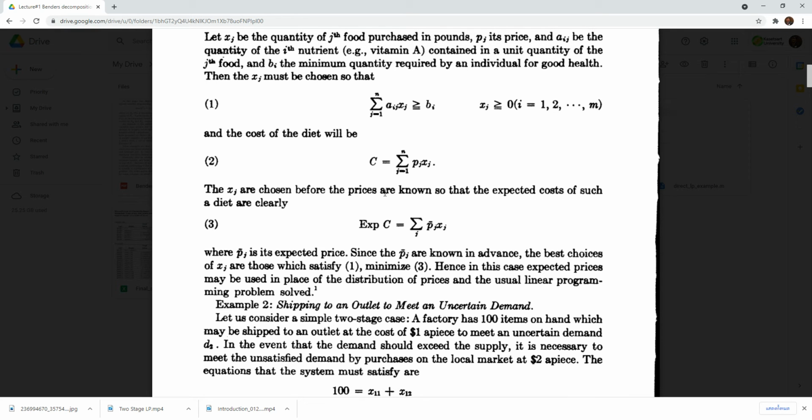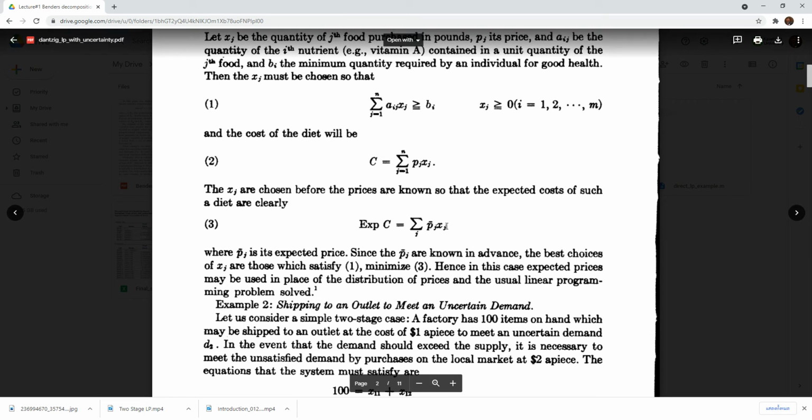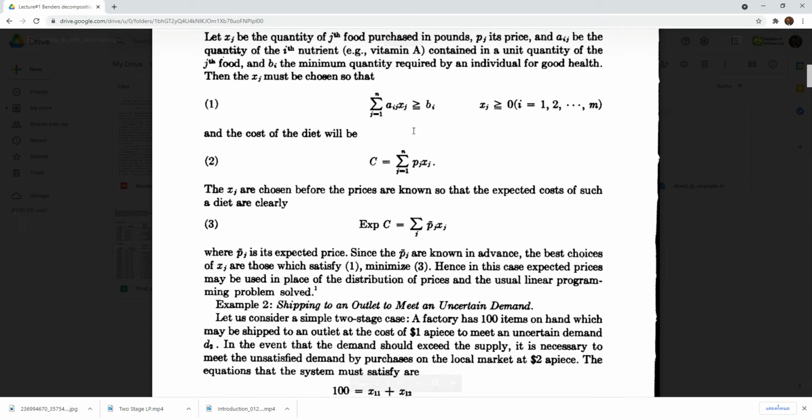Look at the notation Danzig used here: the capital C, instead of Z. This is the objective function, the expected capital C, and we only replace P sub j by its expectation. That makes it very easy to handle the uncertainty of the cost in the objective function.